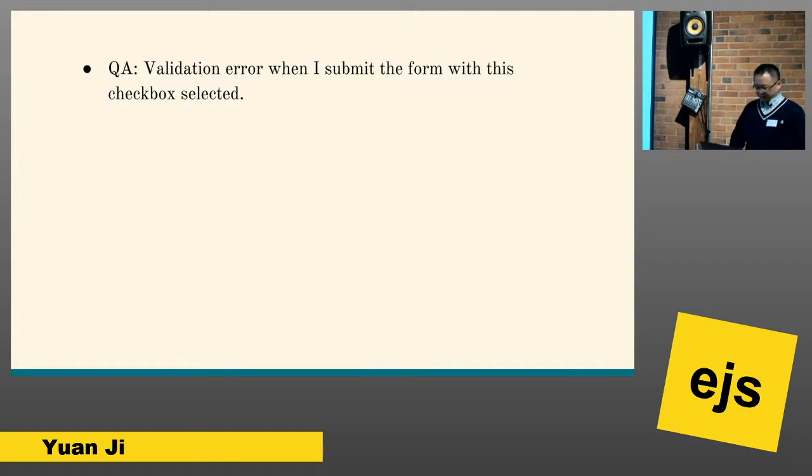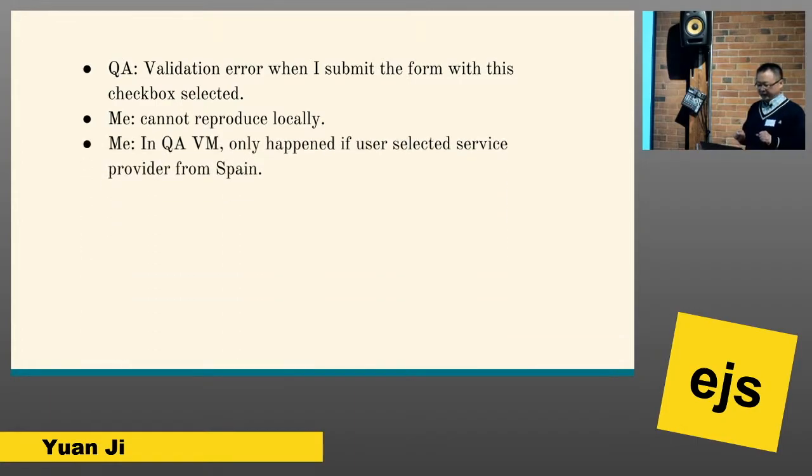What to do? Fortunately, I can access the QA environment. So I went to the QA, opened the system, played around, and found I can reproduce it. And this error only happens when I select the service provider. So what's wrong with this Spanish doctor?